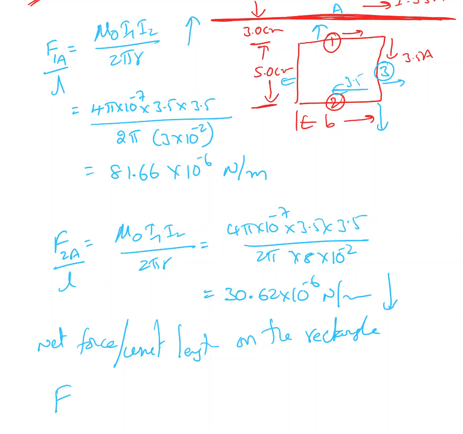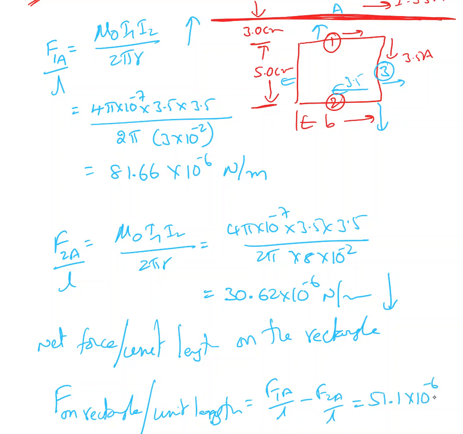So force on the rectangle per unit length equals F1A per unit length minus F2A per unit length, and that's going to be 81.66 minus 30.62. It's going to be 51.1 times 10 to the power of minus 6 Newton per meter, and that's going to be towards up, an attractive force. Thank you.